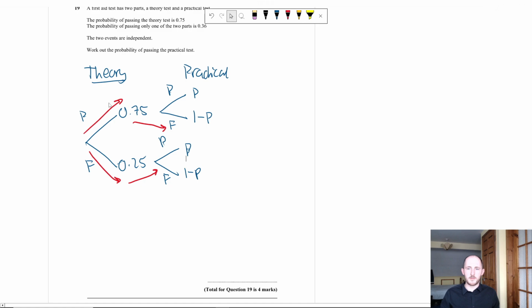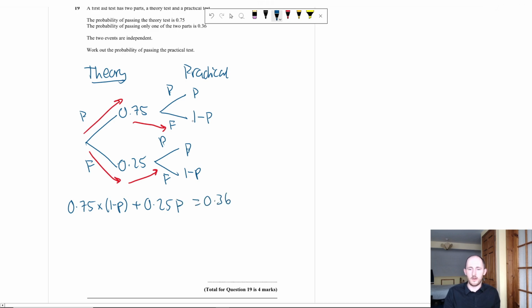So the two possibilities are 0.75 times 1 minus P, plus, because remember, if you have two different ways of doing something, you add them together because it's an OR. So OR 0.25, and it's passing, so I hope that makes sense, which is P. That should equal 0.36.